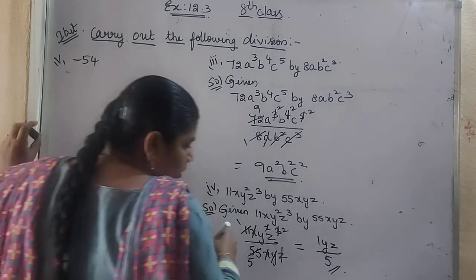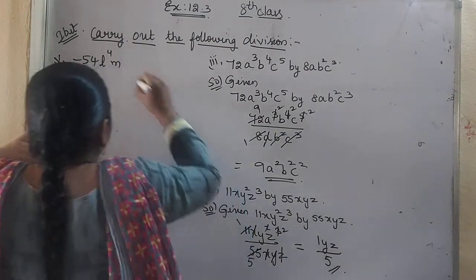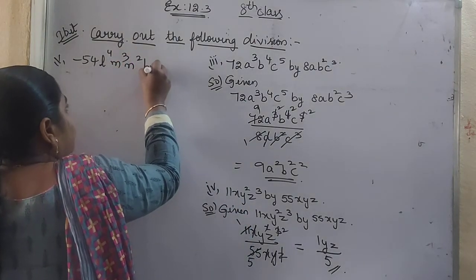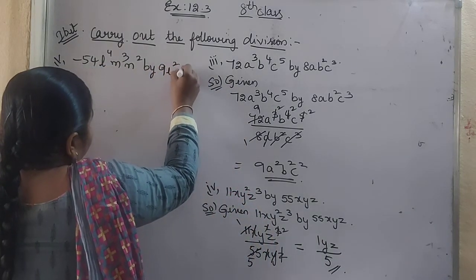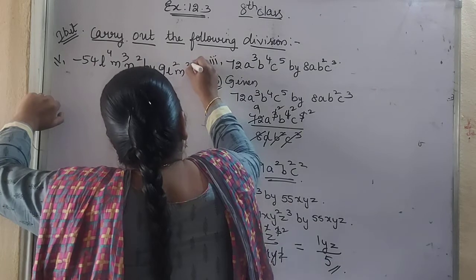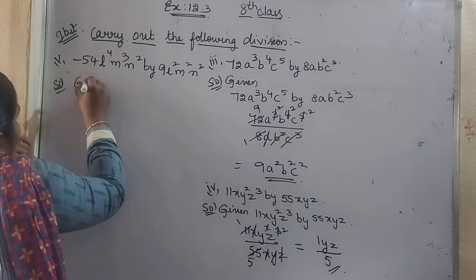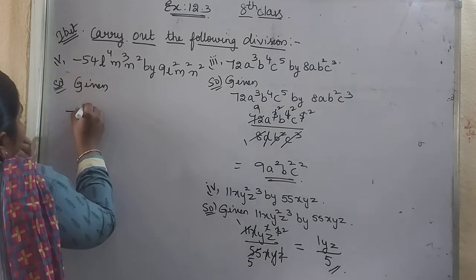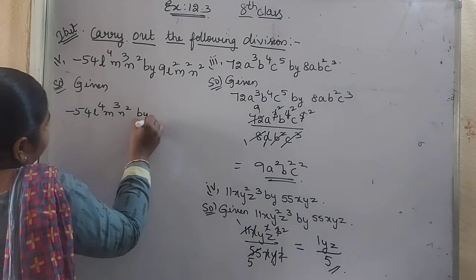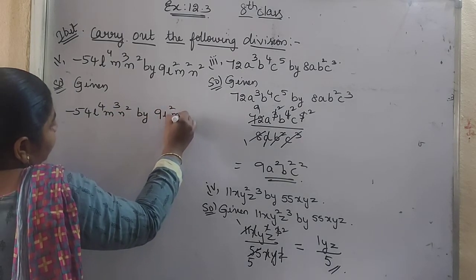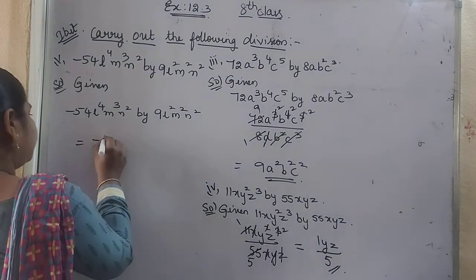Minus 54 L power 4 m cube n square by 9 L square m square n square. So given minus 54 L power 4 m cube n square by 9 L square m square n square. Now we have to divide this.